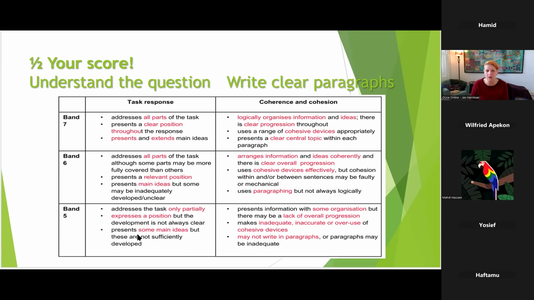The development is not always clear. Presents some main ideas, but they're not developed. If you start writing from your head, that is what will happen. So if you do not make a plan, you cannot get above a band 5 on your writing.